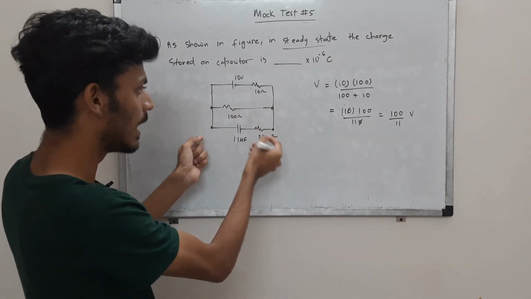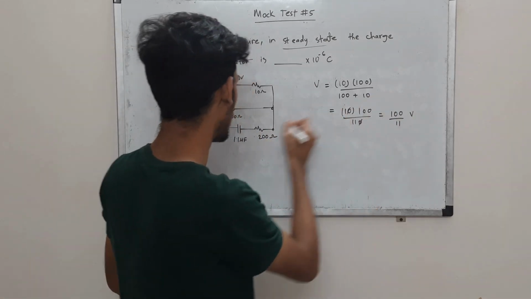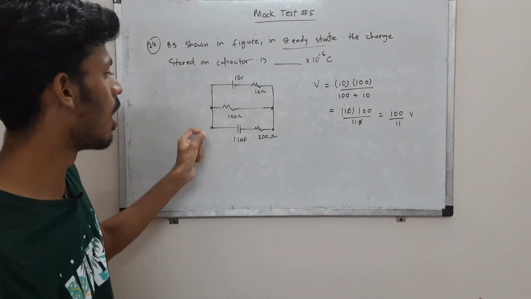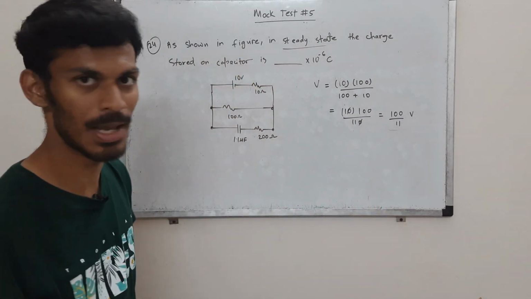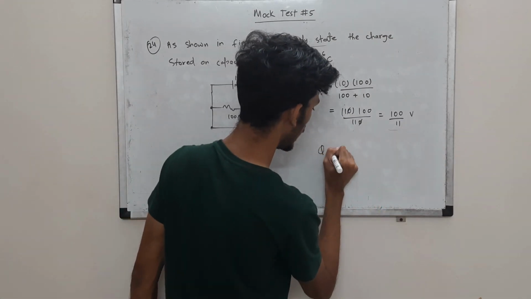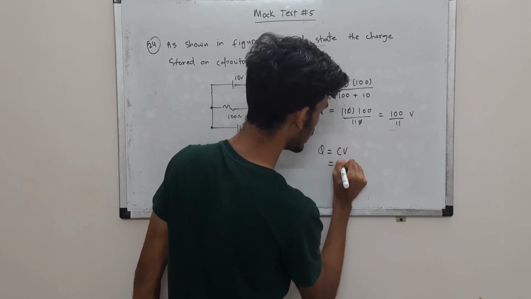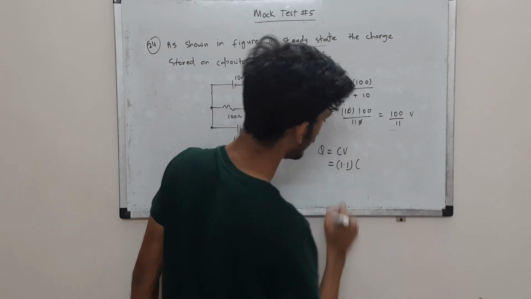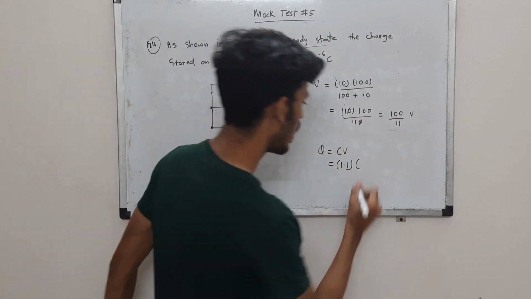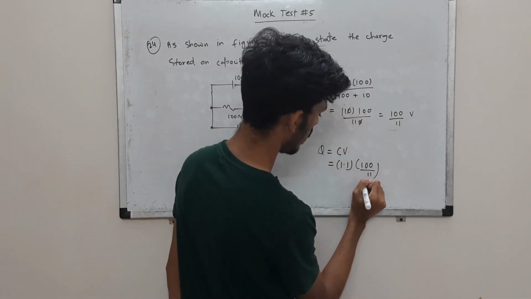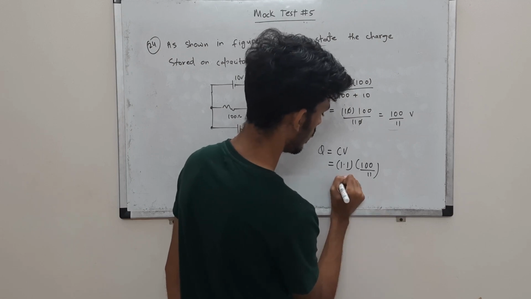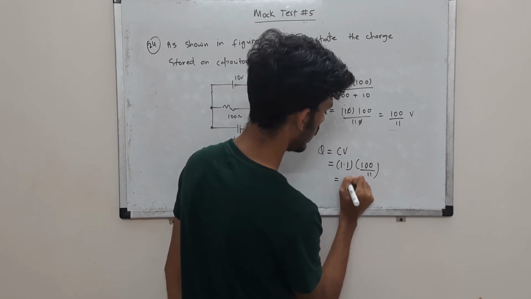So this entire potential drop in parallel is across this capacitor. Now you can easily find Q equal to CV. C is 1.1 in microfarads and V is 100 by 11. So this is, what can I say, I can multiply this actually.